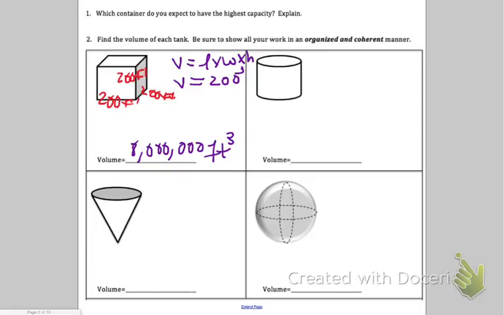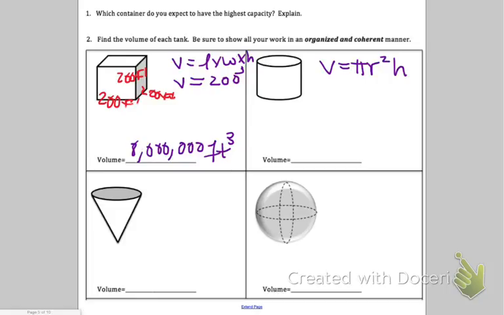So let's go ahead and find the volume of the cylindrical container. The formula for the volume of a cylinder is pi times the radius squared, so we're multiplying the circle that's on the base, times the height of our cylinder. In order to calculate this, we need the radius and we need the height.